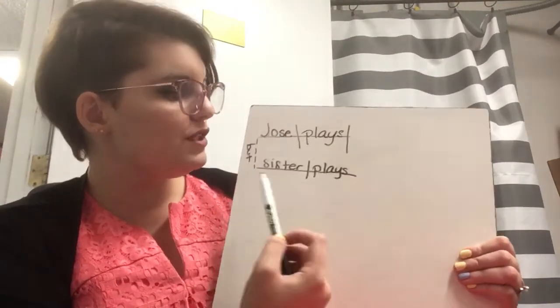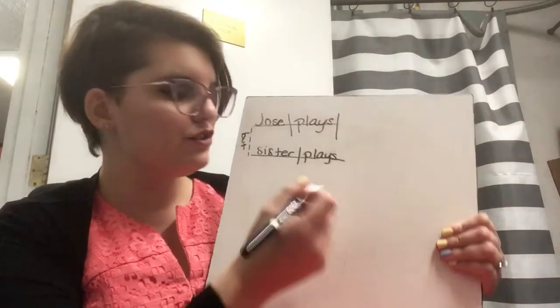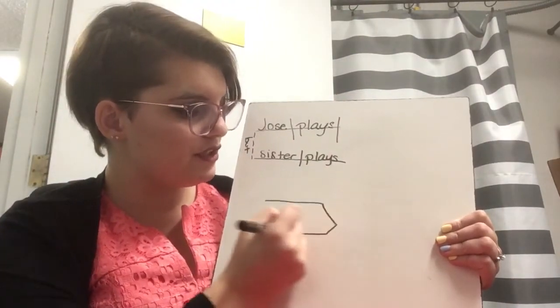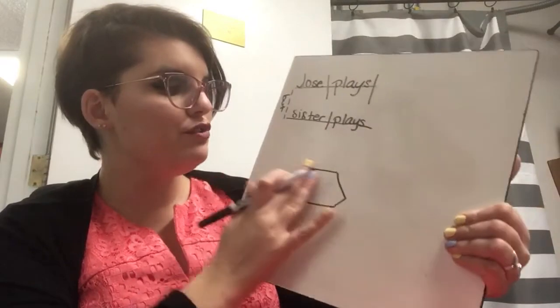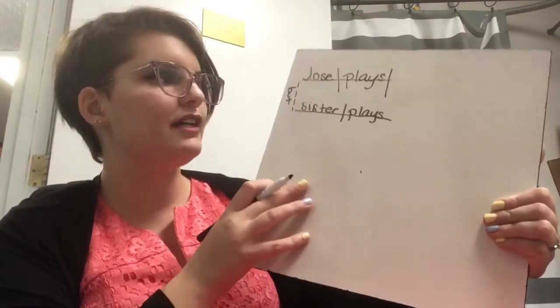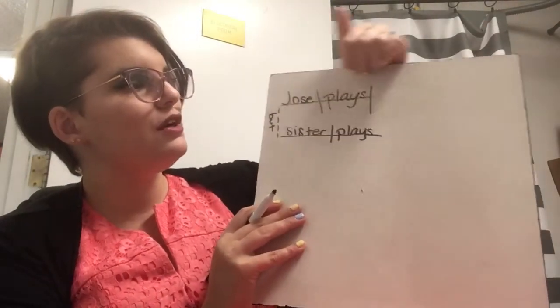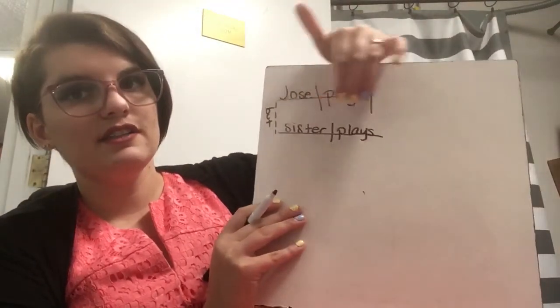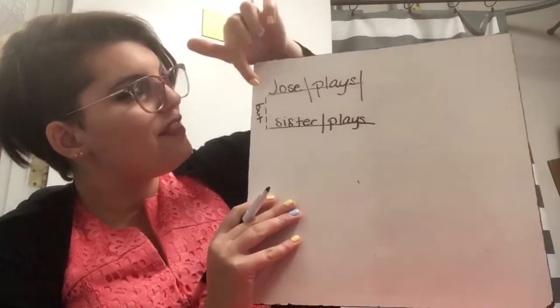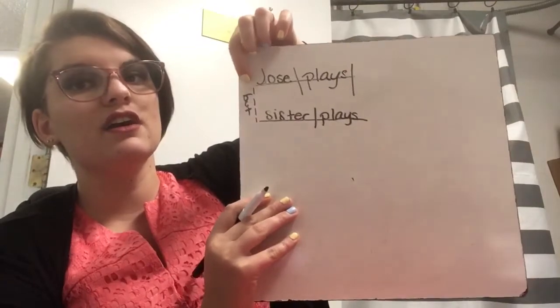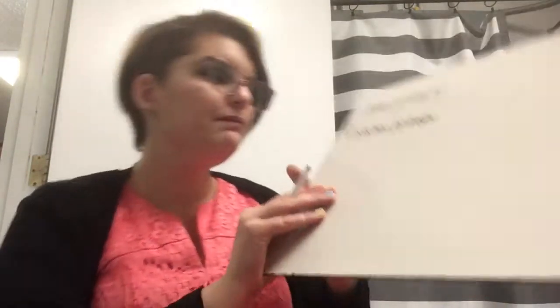So just like before, you would connect it with a conjunction. However, there are two separate lines. Usually with two subjects you would do it one way, but here there are two full sentences connected by a conjunction. So you do Jose plays, his sister plays, and those two separate sentences are connected by a conjunction. Now I want to show you really quick the rest of it.